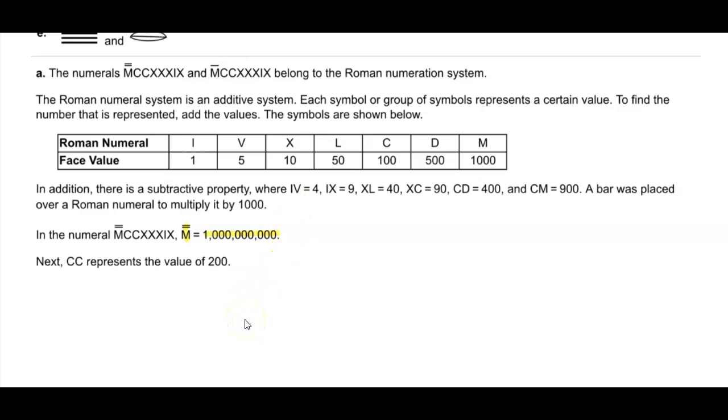Okay, now if we take a look at CC, well, 1 C is 100, so 2 of them is going to equal 200. Next we have 3 X's. Well, 1 X is 10, so that means 3 of them is going to give us 30. And then we know the Roman numeral here represents the value of 9.